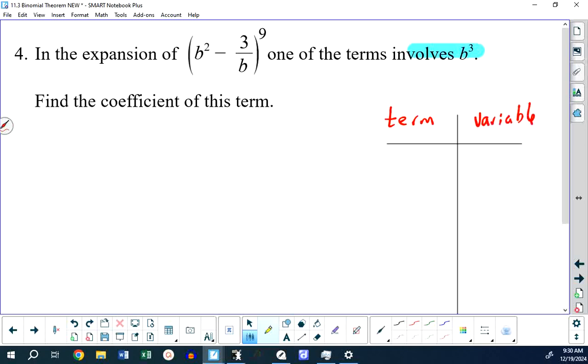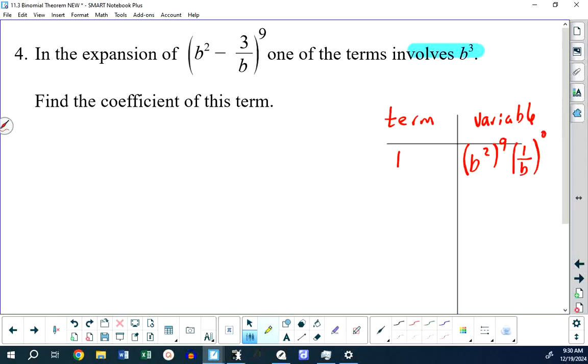It's to make a chart and to explore this, and tomorrow I will go through an algebraic approach, but to explore this just using common sense, the first term will contain b squared to the 9. Everybody just contemplate that for a second. The first term is going to contain b squared to the 9, and it's going to contain 1 over b raised to the 0.